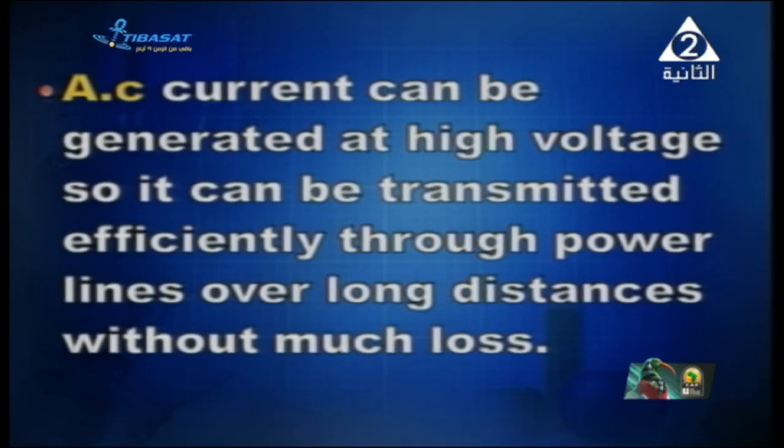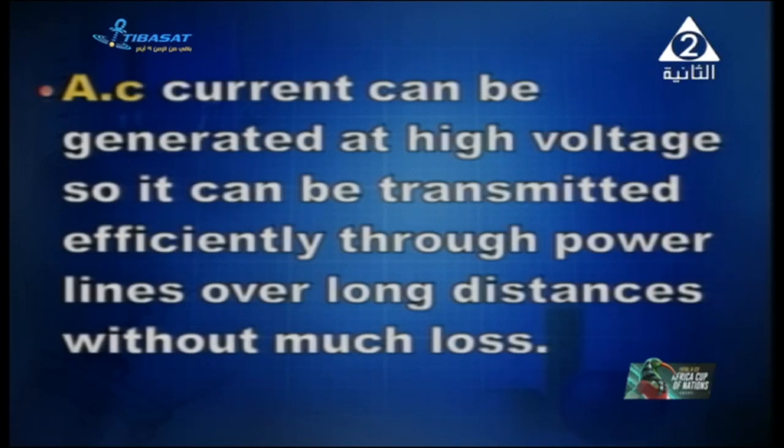So it can be transmitted efficiently through power lines over long distances without much loss. So I'm going to say it again. Alternating current can be generated at high voltage. When the voltage is stepped up, current is stepped down. In this way, we decrease the loss in power in form of heat.